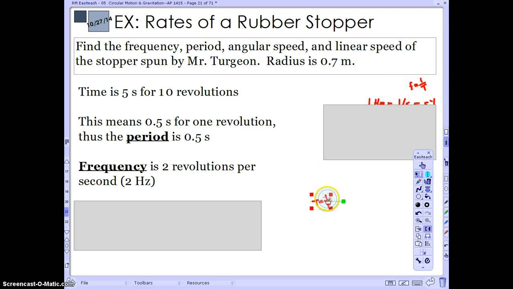And my period equation is that the period, you'll notice, is 1 divided by the frequency. And thus, you'll notice that the frequency is 1 divided by the period. So these two kind of go hand in hand. Frequency and period are inverses of each other. That's a good way to say it.